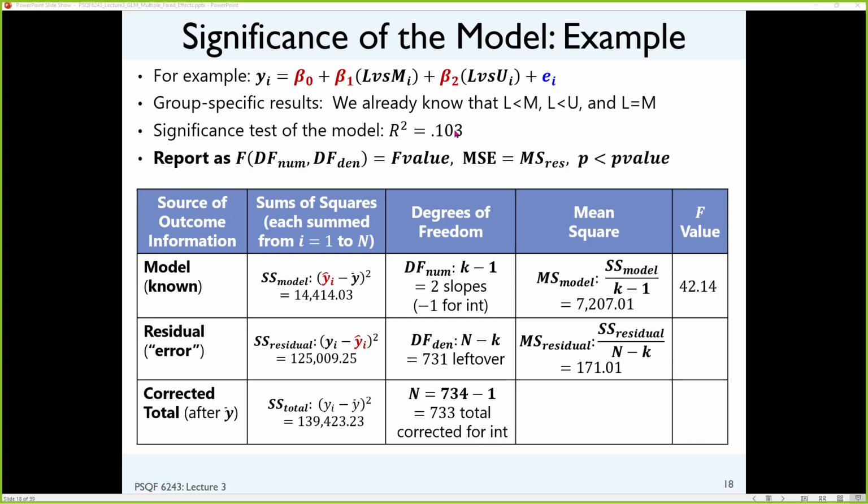Close, yeah. Residual is the leftover part. Total variance, yeah. So of the total variance in the outcome variable, which in this story is annual income, of all the reasons why some people make more bank than other people, 10% of that is associated with this variable that I put in my model via two slopes.